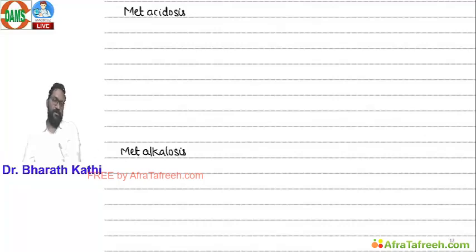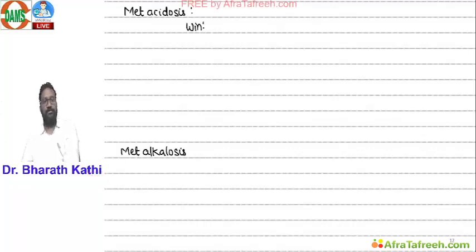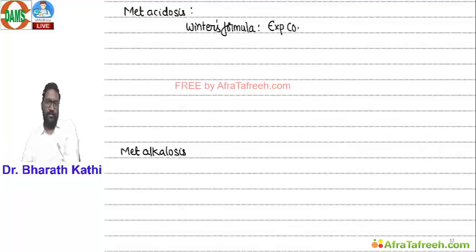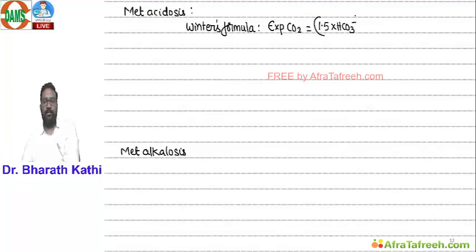For metabolic acidosis, there is a very special formula called Winter's formula. What does this mean? Expected CO2 is equal to 1.5 times bicarbonate plus 8, plus or minus 2.